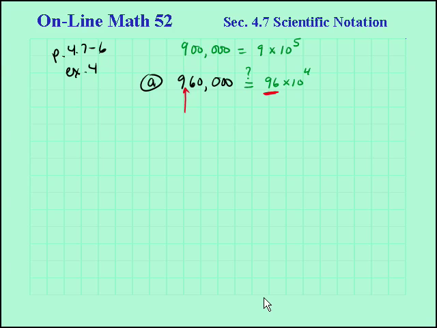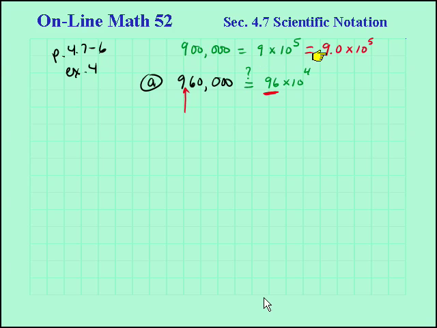The thing is, this 960,000 is somewhat more than 900,000. Now, 900,000 itself was 9 times 10 to the 5th. Counted up 5 zeros. Do you agree that I could write this as 9.0 times 10 to the 5th? Do you agree with that? You know, 9 is just 9.0.